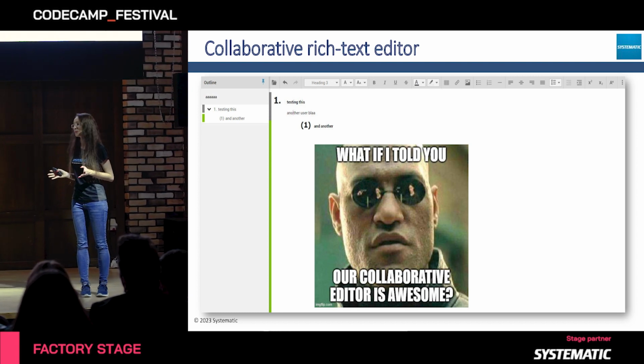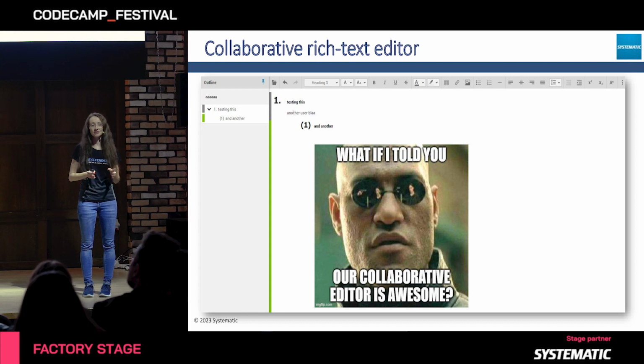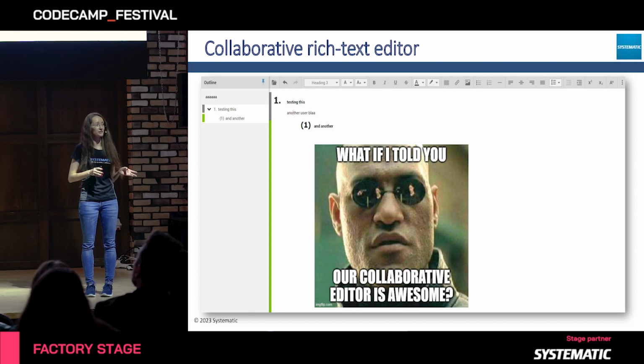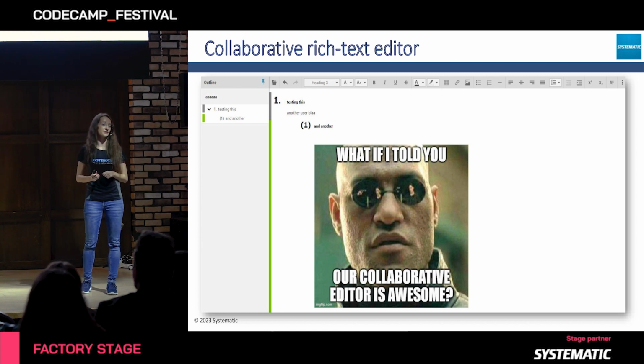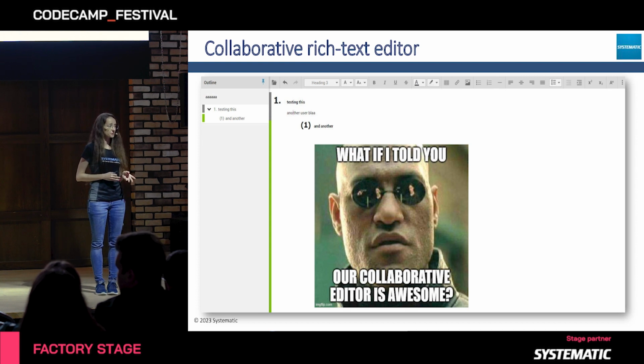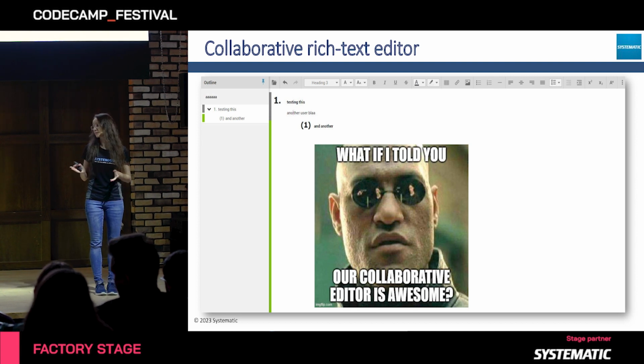To sum up what we have discussed today, you have found out what a rich text editor, and more precisely, what a rich text collaborative editor meant for us at Systematic, and how we managed to implement it for our military customers with those additional levels of security. You have seen some of the requirements that we had, at least, as Catalina mentioned, the most important ones.